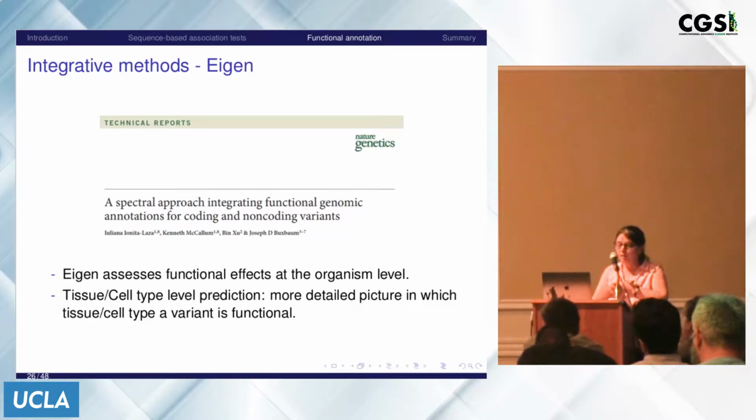Okay? Now, suppose you're studying a particular trait like, say, autism. We're mostly interested in whether variants are functional in brain or in particular regions of the brain. So instead of having this one single score per variant, we would like to be able to predict functional effects across different tissues and cell types.